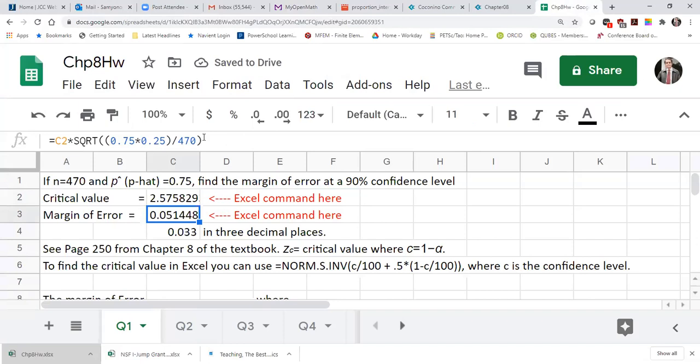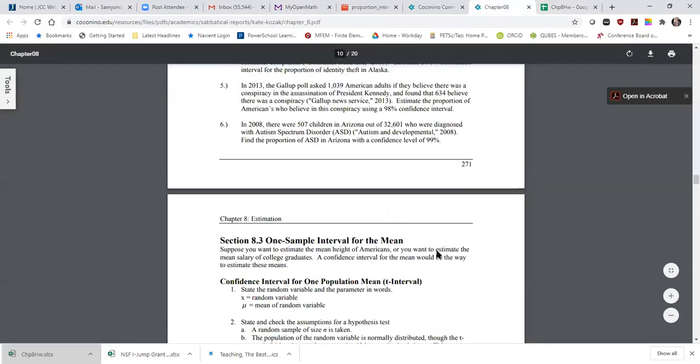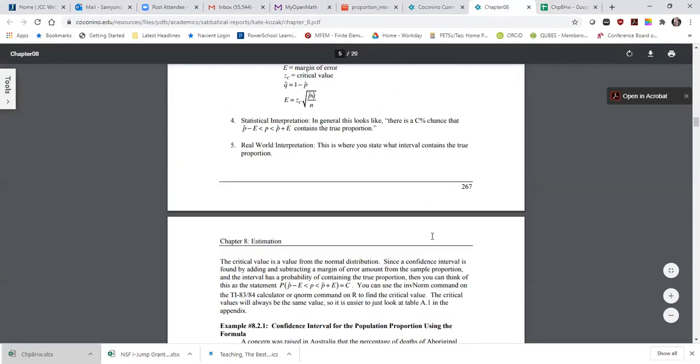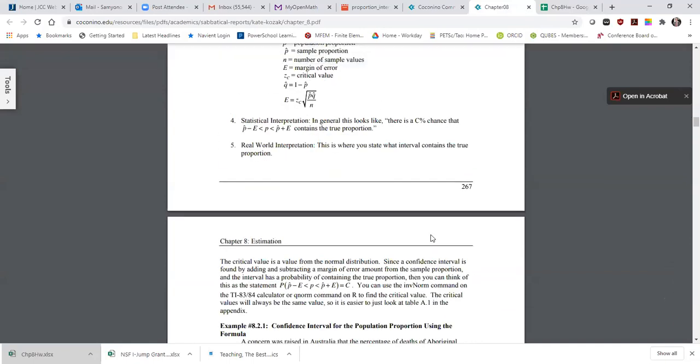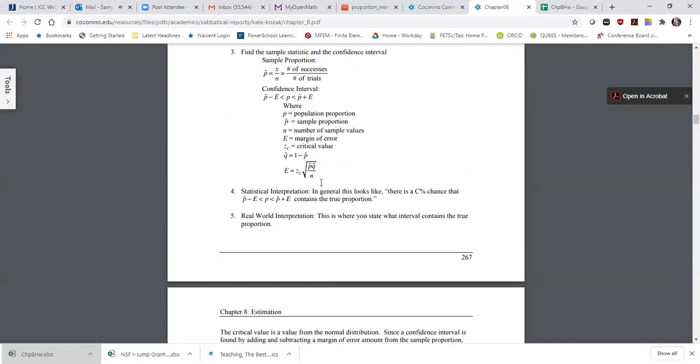Okay. Remember the formula, this is for the proportion, right? So remember from the textbook the formula for the proportion, this is the margin of error. So the critical value times the square root of p hat q hat divided by n.